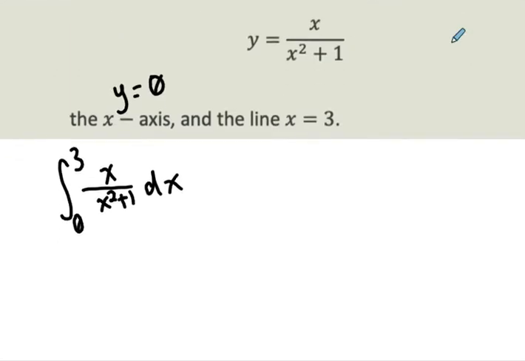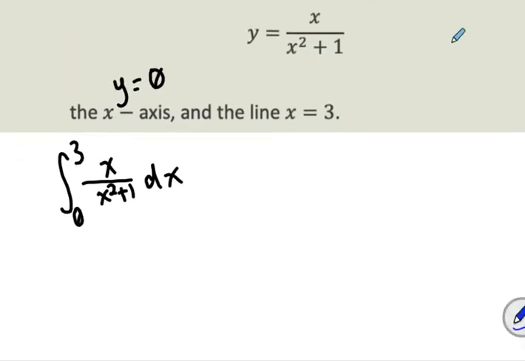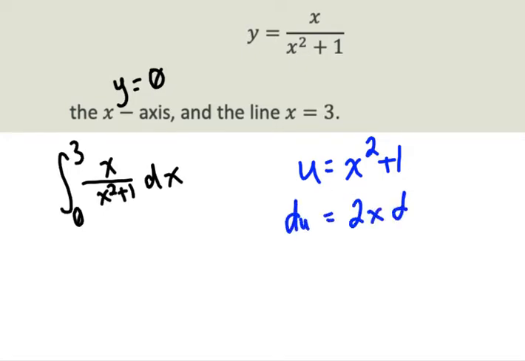Okay? So how do we take the integral of this? What do we do? Yep, because we noticed that the derivative of x squared is 2x, and I have the x in the numerator, so I can do u sub and say u is equal to x squared plus 1. Therefore, du is equal to 2x dx. And then, since I don't have a 2 up here, I need to move it over, so scribble, scribble, scribble, or erase, whatever.